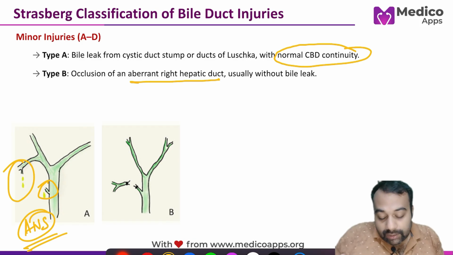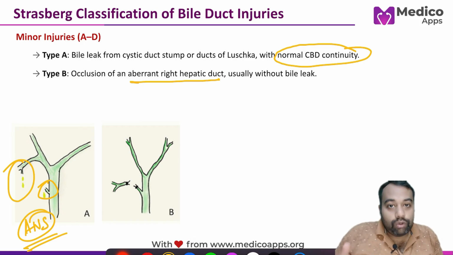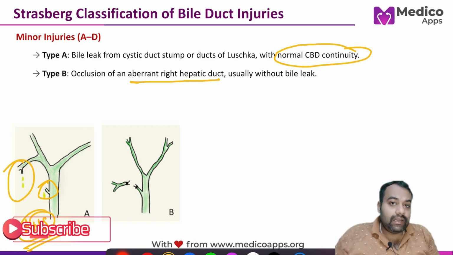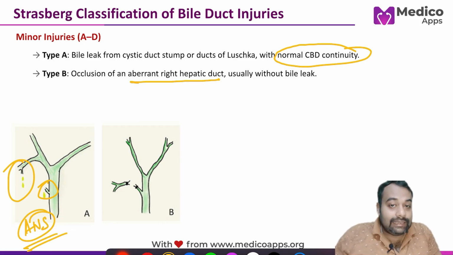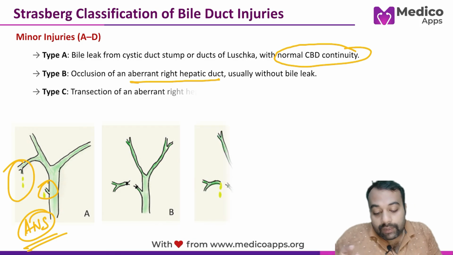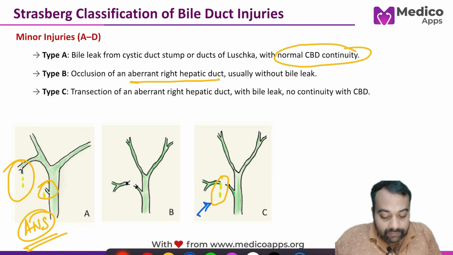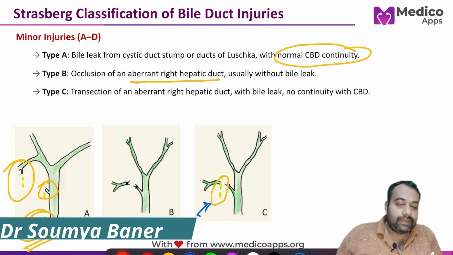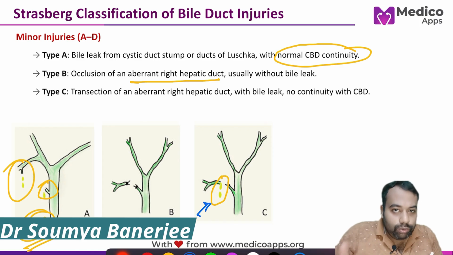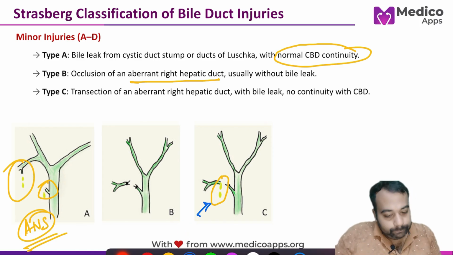This aberrant right hepatic duct is usually occluded in type B, but in case of type C it's not occluded. There is a leakage from the aberrant right hepatic duct. You can easily appreciate that, right? So this is going to be the main difference between type B and type C. In case of type B, it's occluded, and in type C, it's a leak. Okay.